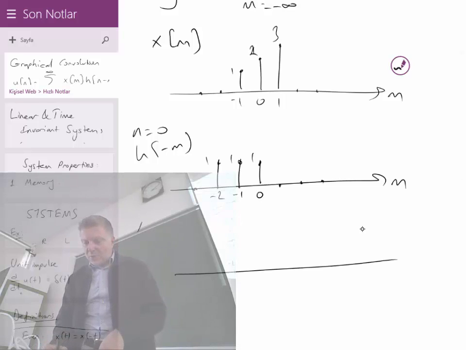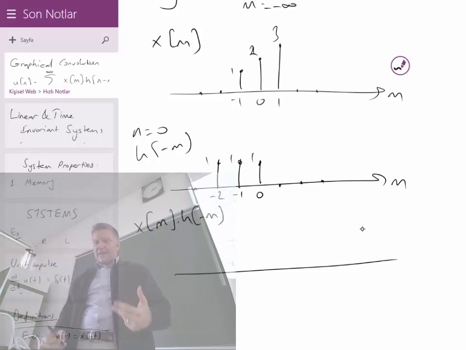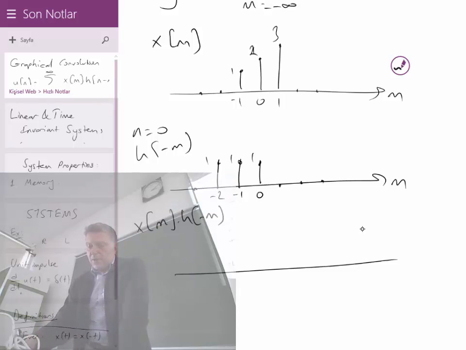So I'm going to draw x of m times h of minus m, the multiplication. Sample by sample we need to do this, but most of them are just zeros. At minus 2, this signal at the top is 0. At minus 2, this one is 1, so their multiplication is still 0. Isn't it? And then at minus 1, the value here at the top is 1. The value here is 1.